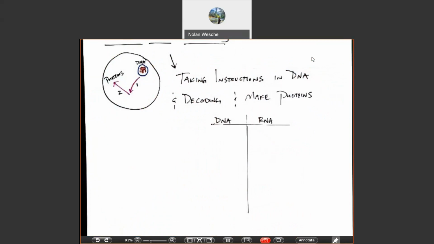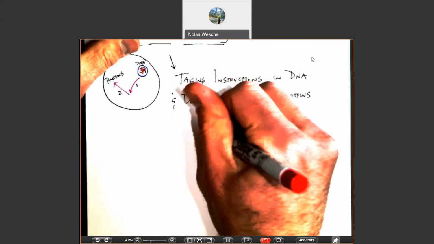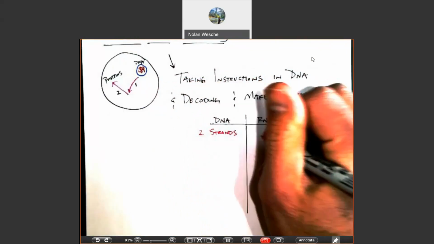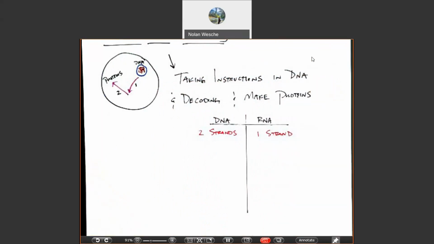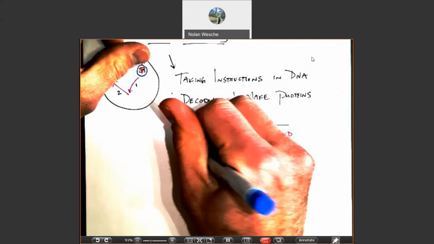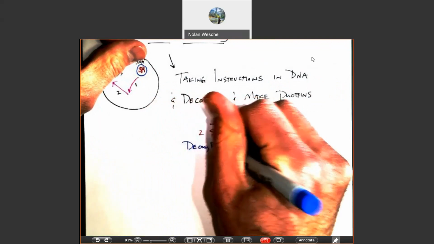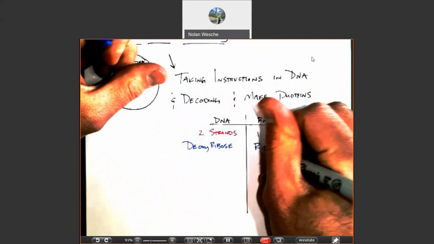DNA, you might remember, has two strands wound together to make a double helix, whereas RNA is just a single strand. The sugar in DNA, the D, stands for deoxyribose. And the R in RNA stands for just ribose. So we have a different sugar.